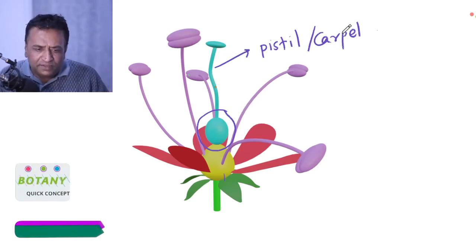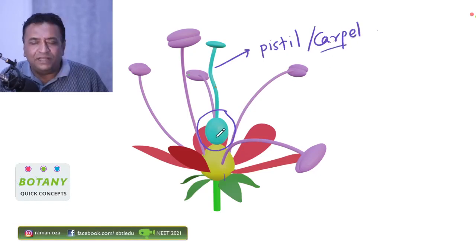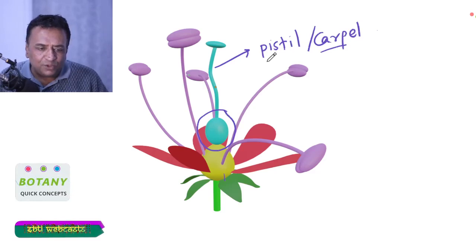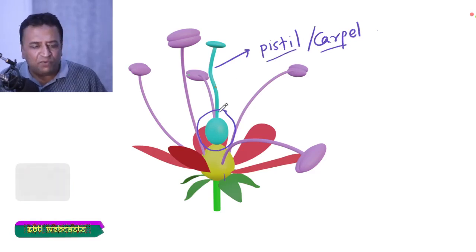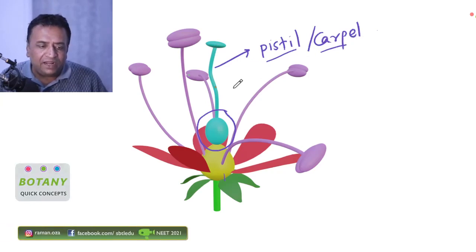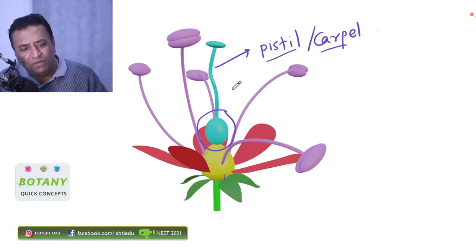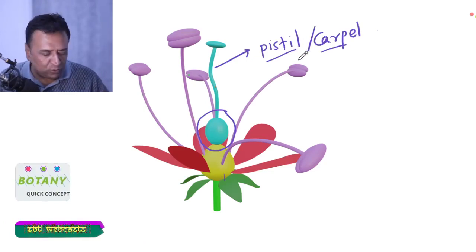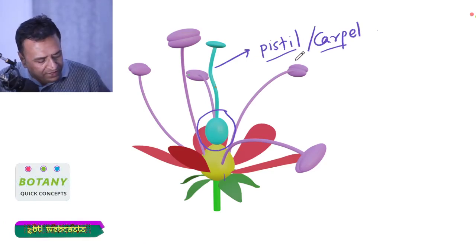So this is called carpel because it transforms into fruit, or it is also called pistil. A single member of gynoecium is called pistil or carpel. And when there is a floral whorl made of many pistils, many carpels, then that is called gynoecium. All right.